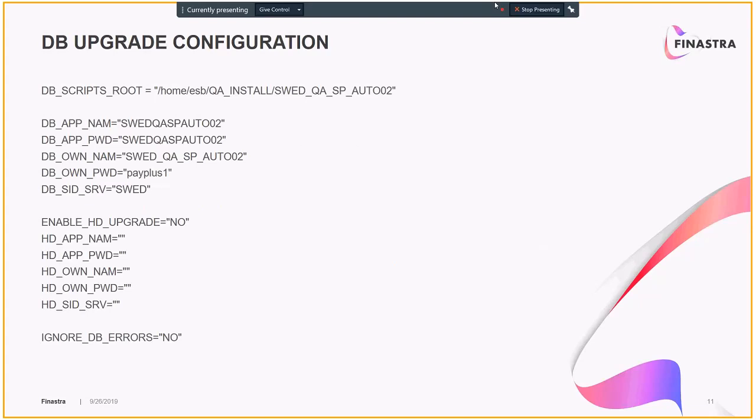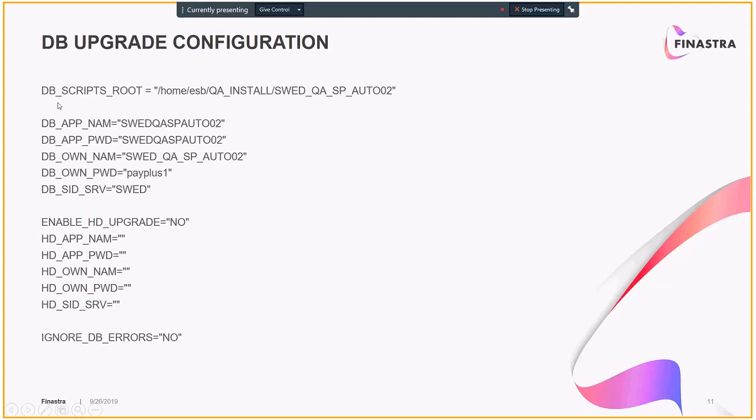The configuration details in that file are these. You need to specify the location of all the release scripts. Once the release build is successful, it is placed in a certain location. You need to specify that location here.